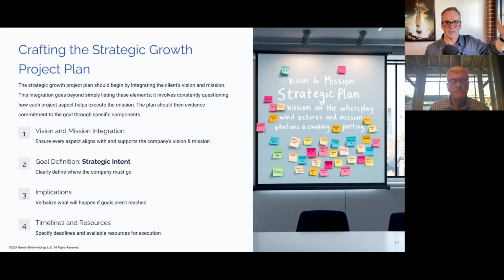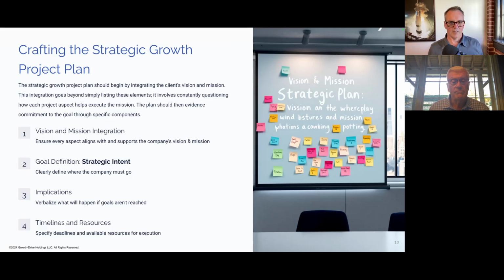That is Diane's intent for Ridge. She has a corollary intent, which is to help her son evolve into the senior leadership position, which isn't going to happen overnight. So clearly defining where the company must go.